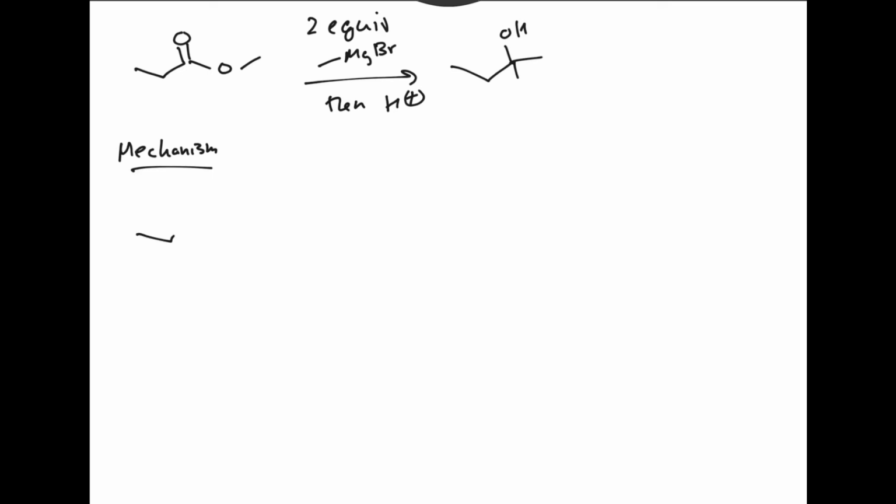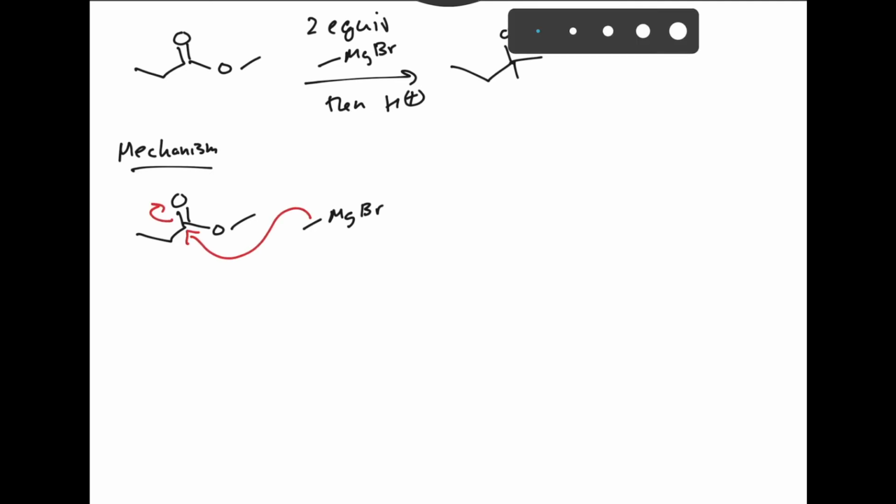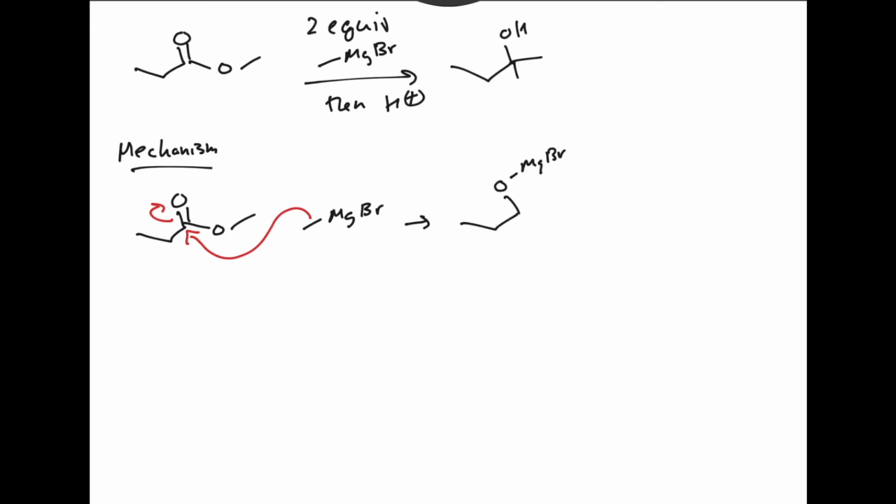We've got an ester. We've got a Grignard reagent. We know that our Grignard reagent is going to add to the carbonyl carbon. We're going to make a tetrahedral intermediate.